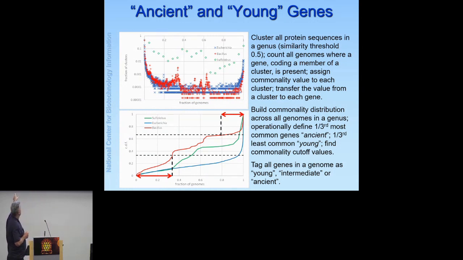Then we map them back to genomes, build the distribution of commonalities across the genomes, and then just purely formally define the bottom 1/3 of genes as young, and the top 1/3 as ancient, again, relative to the particular genus. So these definitions would be different between genera. And then we map them to chromosomes, and then apply the computational pipeline I briefly described.